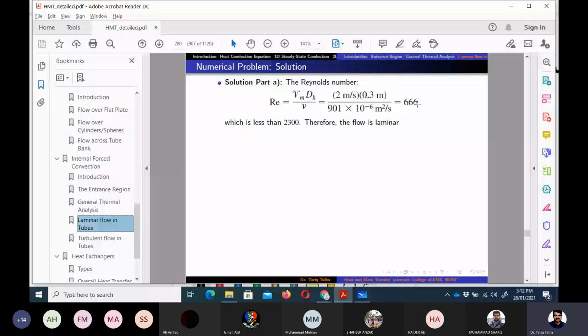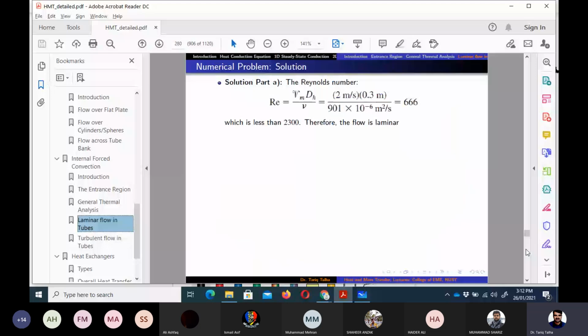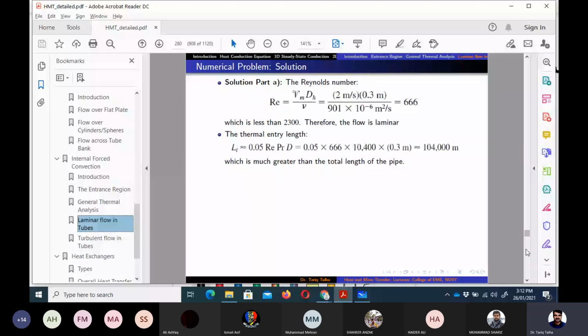Now, the second thing we need to determine is whether this section of the pipe is fully developed flow or the entrance region. For the laminar case, we determine the thermal entrance length by the relation 0.05 Reynolds number, Prandtl number into diameter.